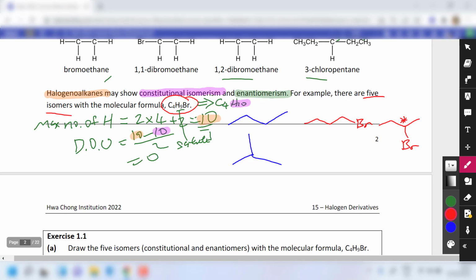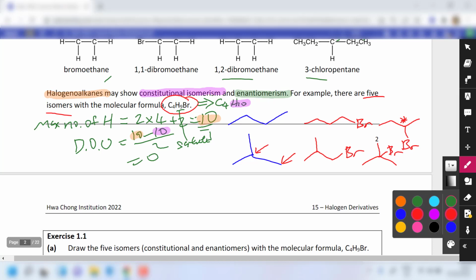Okay, then what about for the branch version? So for the branch version, again, we can potentially insert the Br here and the Br here. Okay, so if we insert the Br at the first carbon, we are going to get this, and then the middle carbon, we are going to get this.